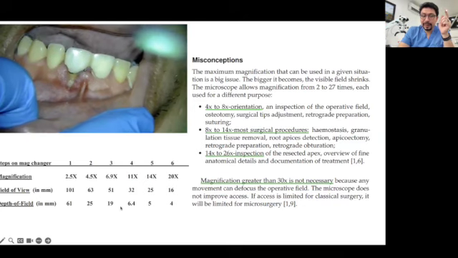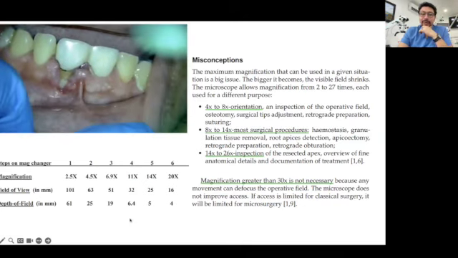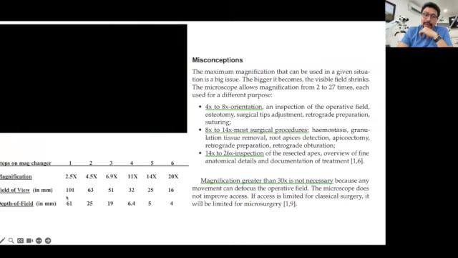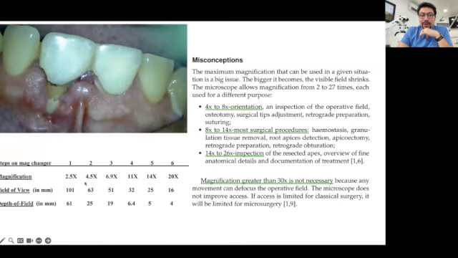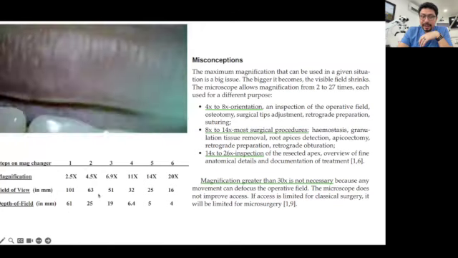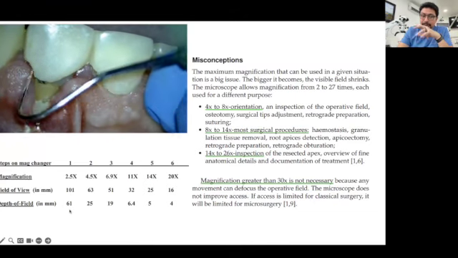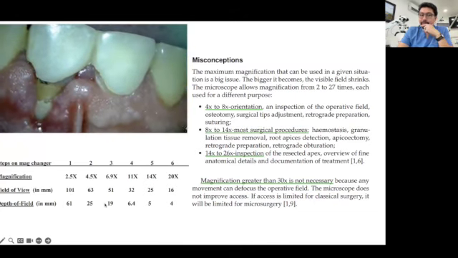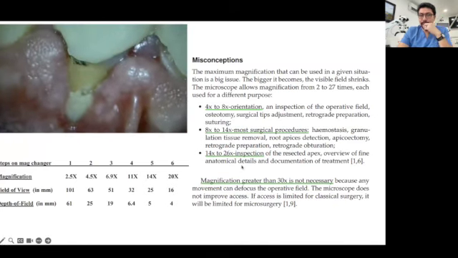The depth of field reduces almost to 1/3 of the depth of field that we used to have in the first step of magnification. If we go to the second step of magnification, you go from 61 millimeters in depth of field to 25, which is a big reduction.